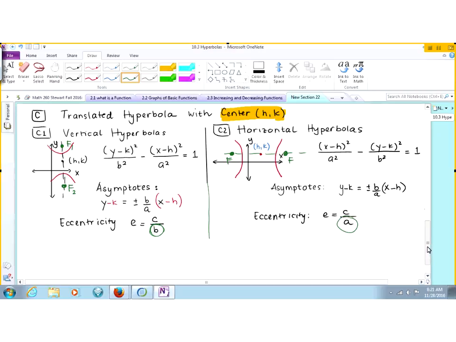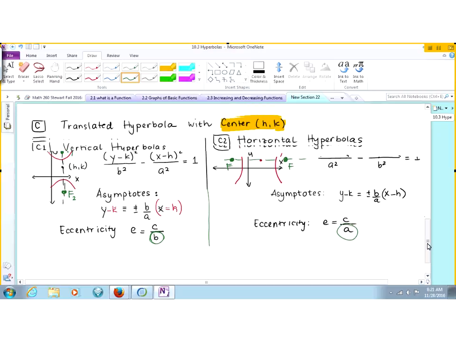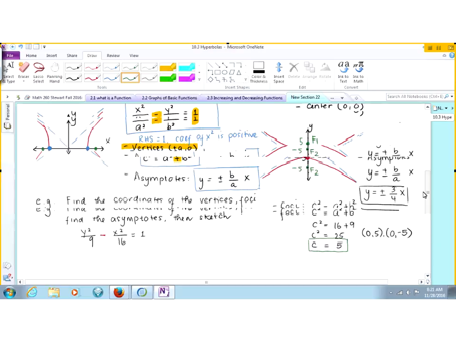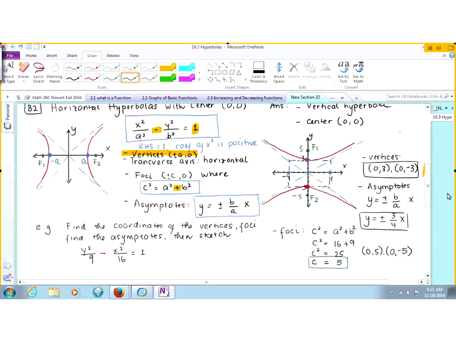Now, can we go back to the previous problem and tell me the eccentricity? I forgot to ask. For the problem we just did, what is the eccentricity? Is it C over A or C over B? C over B. Why?